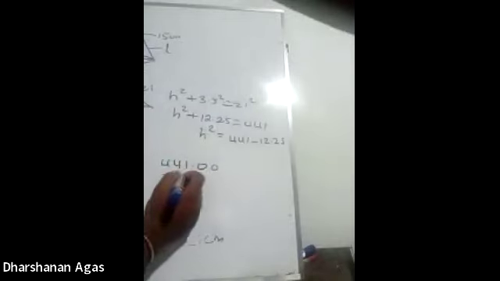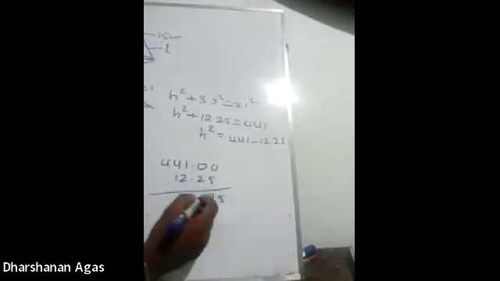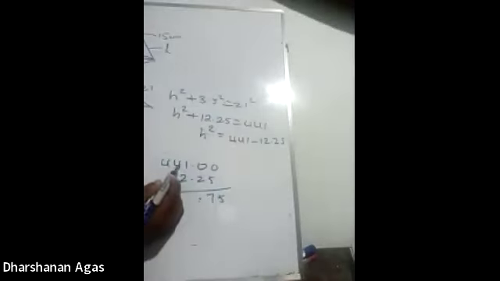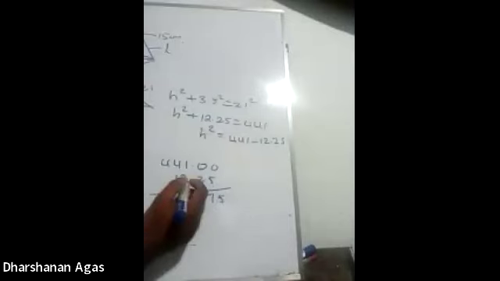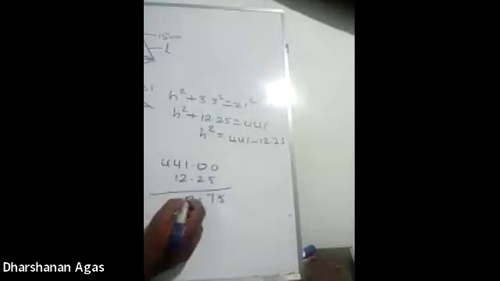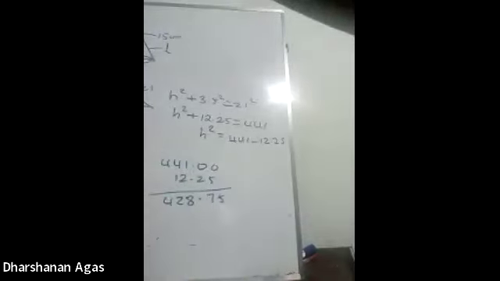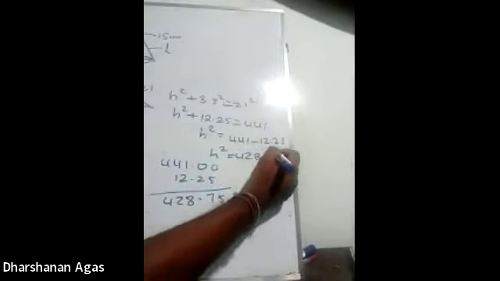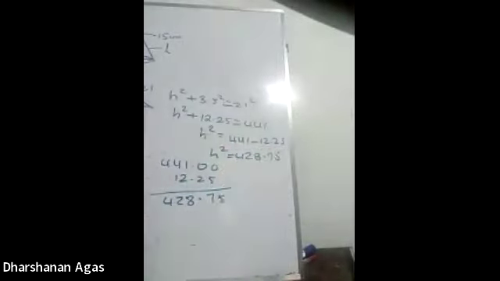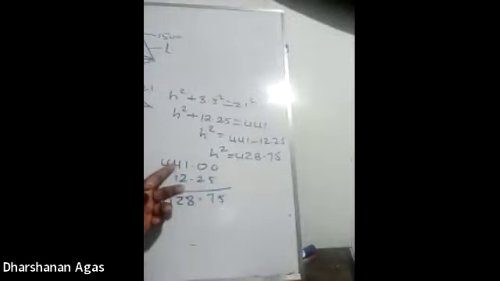441.00 minus 12.25. Borrow 1, 10 minus 5, 5; 9 minus 2, 7; 10 minus 2, 8; 3 minus 1, 2.